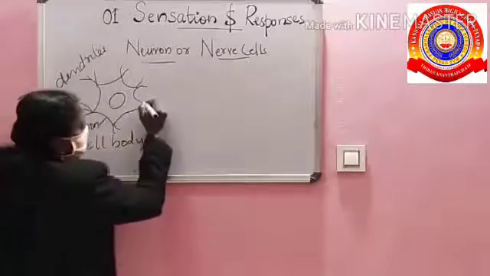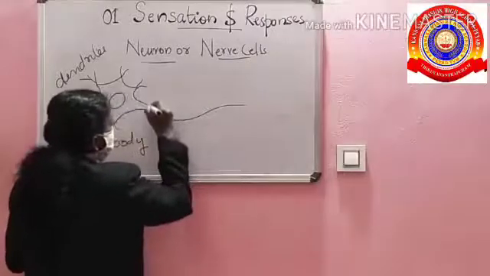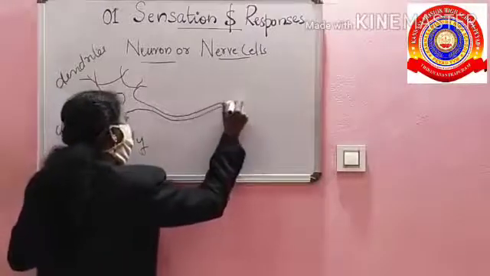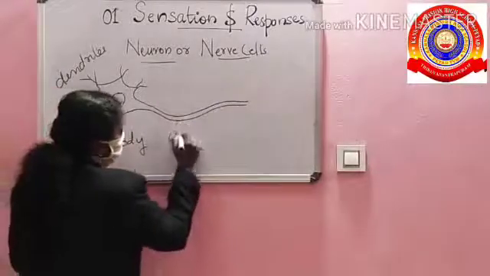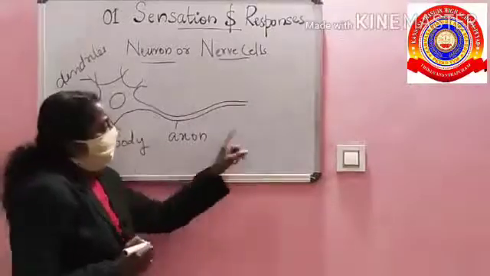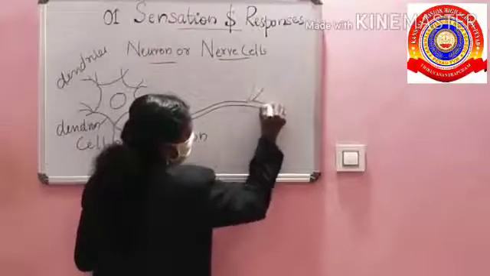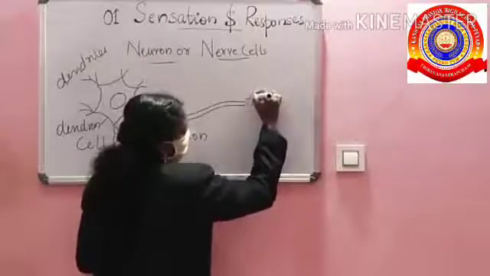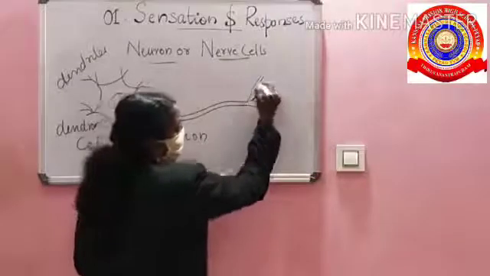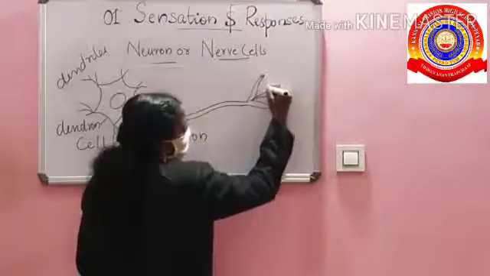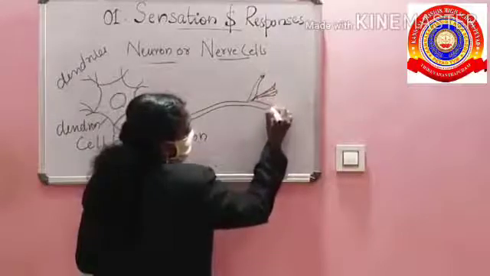From the cell body, there is an elongated filament called axon, and at the end of the axon we can see sub-branches called axonites.